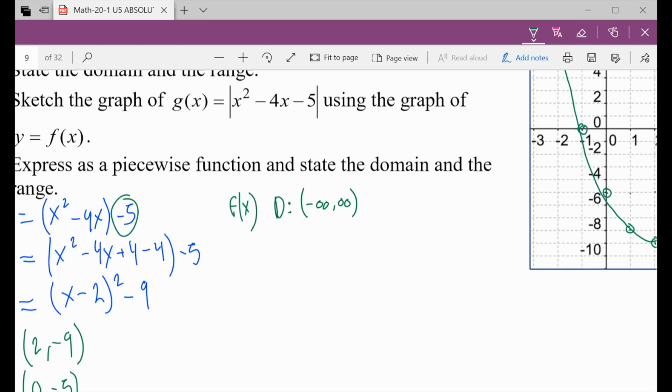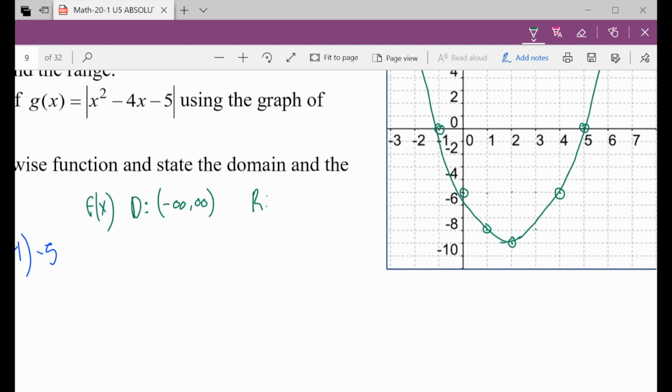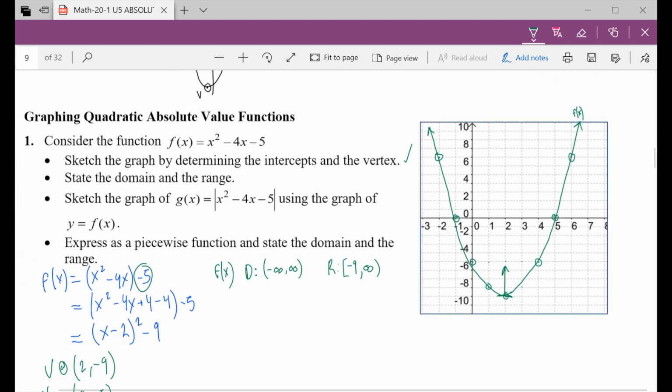And for the range, recall, we have to look at what the vertex is, because the range is everything from here up. And so the range is going to be -9 as the lower bound, and because we include -9 in the range, we have to draw the square bracket, comma, and then +infinity in the upswing, and there is our domain and range statement for f of x.